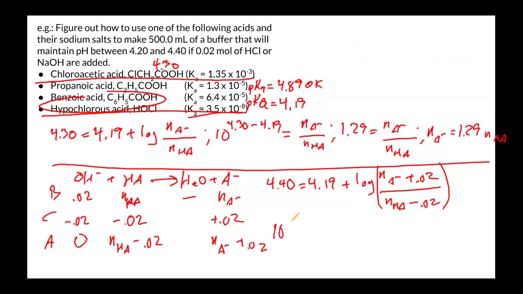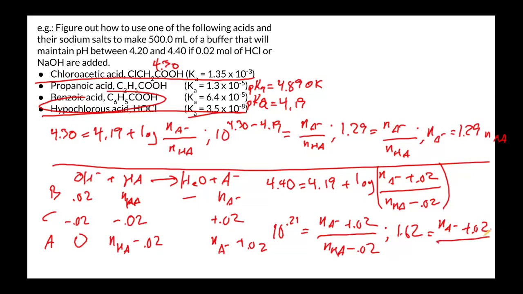So we get 10 to the 0.21 is equal to number of moles of base plus 0.02 over number of moles of acid minus 0.02. 10 to the 0.21 is 1.62, and that's equal to number of moles of base plus 0.02 over number of moles of acid minus 0.02.